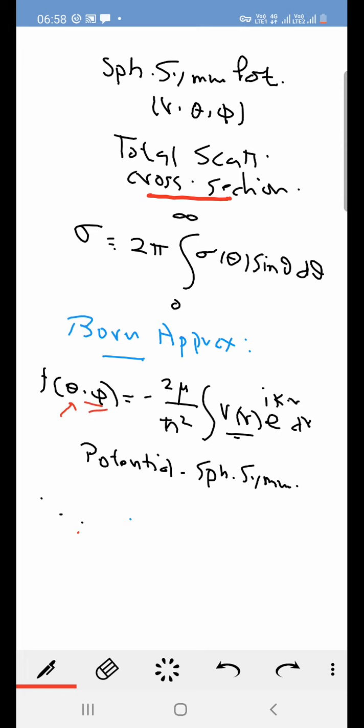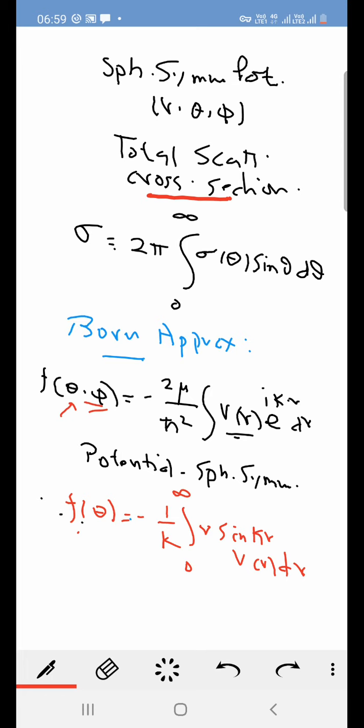So we can simply write f theta as equal to minus 1 by k, integration 0 to infinity, r sine kr V(r) dr.